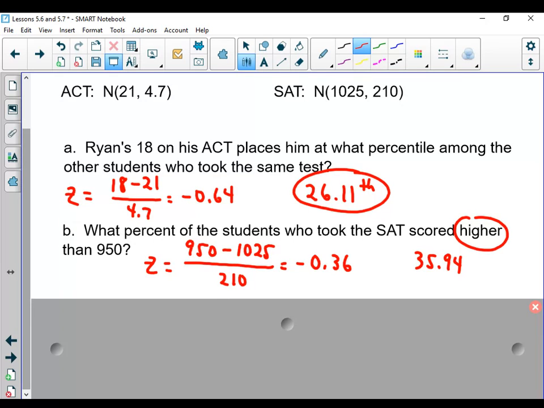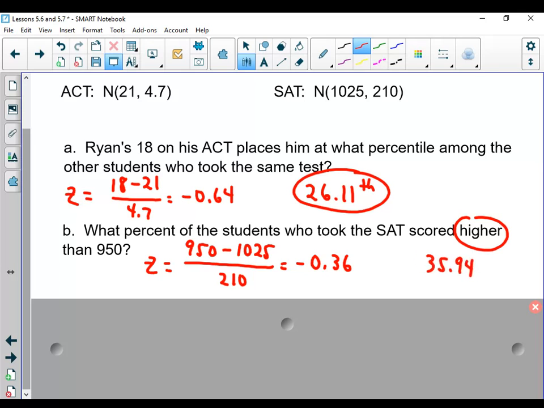However, I circled the fact that we wanted higher than 950. Because that 35.94 really tells me the percentage that are less than 950. So how do we find that percentage that's higher than 950? What's the extra step we got to take? Yeah, like we did earlier.